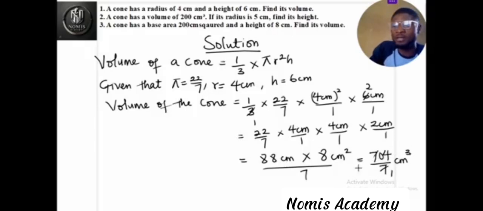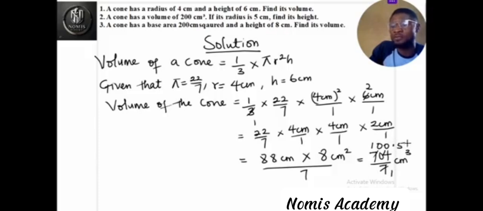So 7 here 1, 7 here 1, and then 7 in 04, so I'll have 0. So 7 in 4, I'll add 0. If I put a decimal point, I'll add 0. So 7 in 40 will be 5, I'll be left with 5.